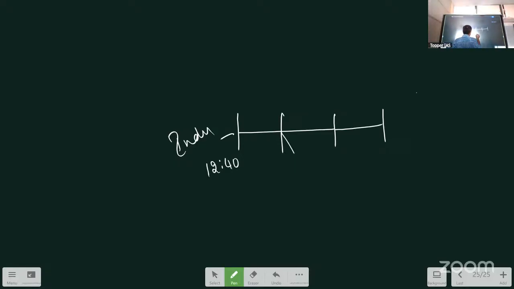Sanjay came at 1 p.m. Now the time is 3:20. Standing at 3:20, when I look back, 12:40 is also past, 1 p.m. is also past. So I can say Indu came at 12:40, Sanjay came at 1 p.m.